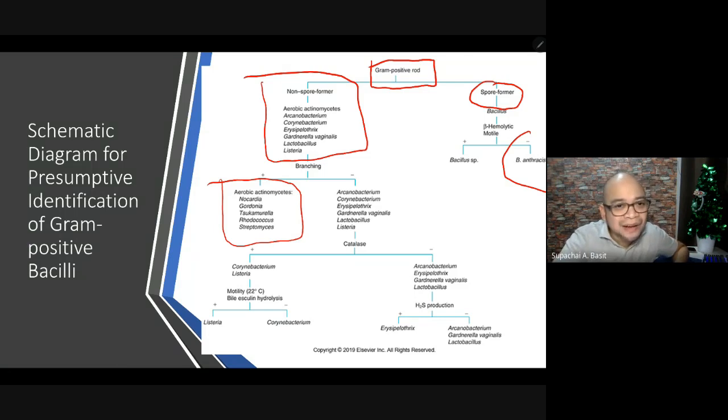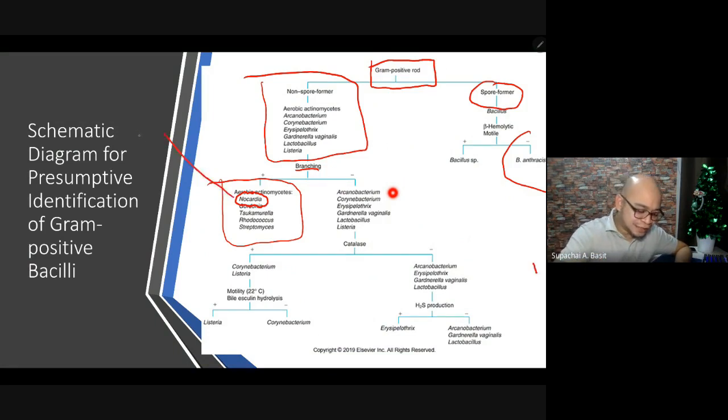We call them actinomycetes, aerobic actinomycetes. When you say aerobic actinomycetes, we are referring to the branching gram-positive bacilli. This includes Nocardia, Gordonia, Tsukamurella, Rhodococcus, Streptomyces. But for this particular topic, we will be focusing our discussion on Nocardia.